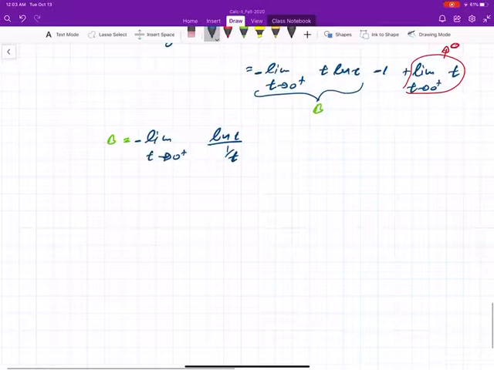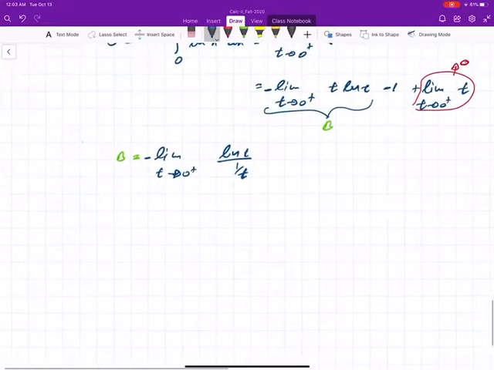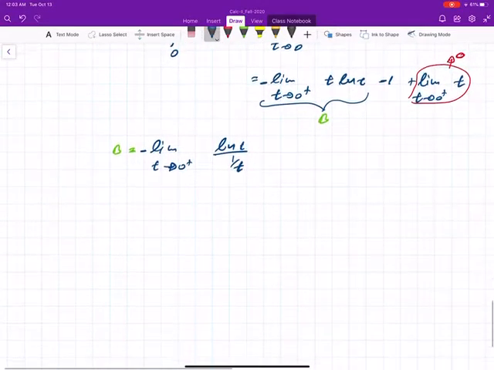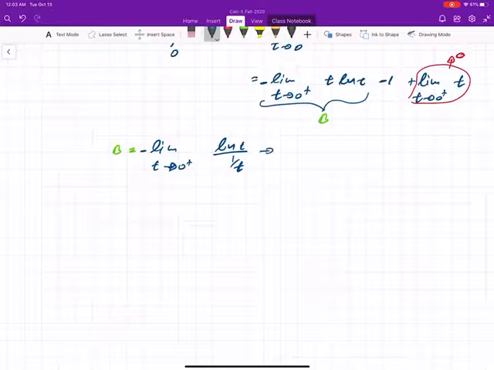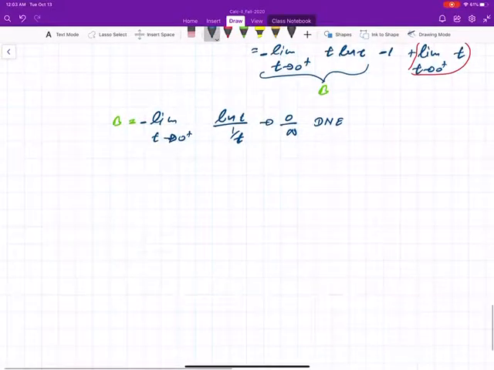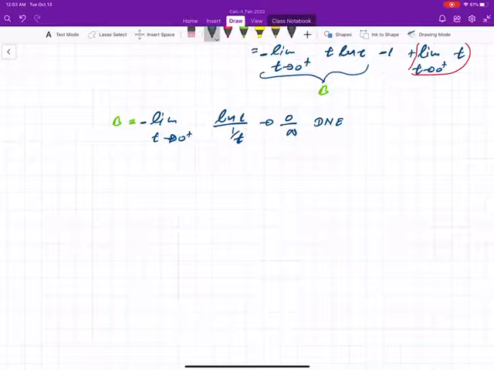Since you have learned it in Calc 1, I believe this is easy. First of all, you apply the limits. In the numerator you get infinity, in the denominator you get infinity, which is not defined. Now L'Hopital's rule says just take the derivative of the numerator and the denominator.